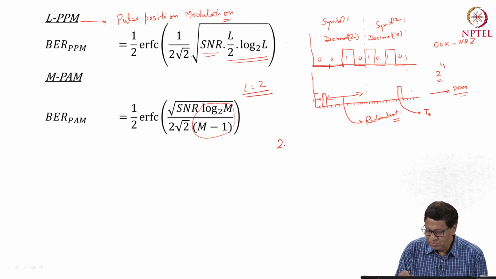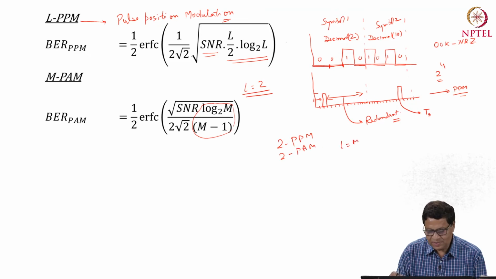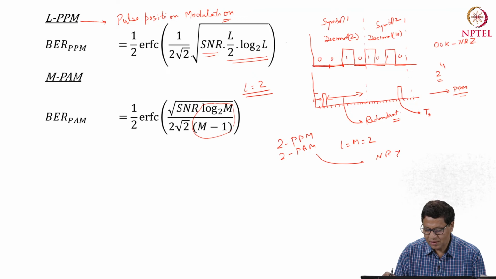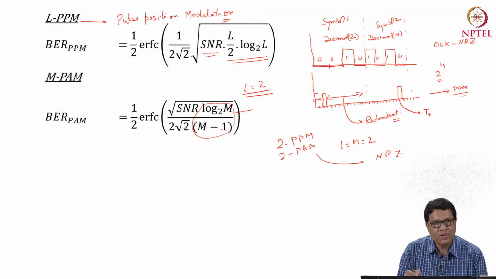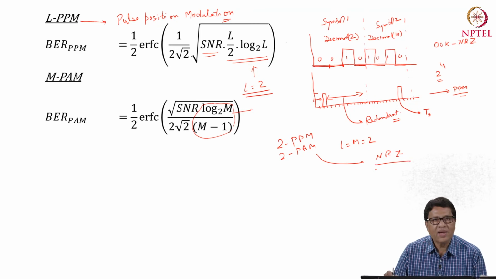If I take 2 PPM or 2 PAM, that is L equal to M equal to 2, both of them reduce to NRZ, and you get the same probability of error as we got for NRZ. For example, here log 2M, if I take 2, becomes 1, and M minus 1 is 1, so this reduces to root SNR divided by 2 root 2. Similarly here L is equal to 2. So a special case of 2 PPM and 2 PAM is nothing but NRZ.